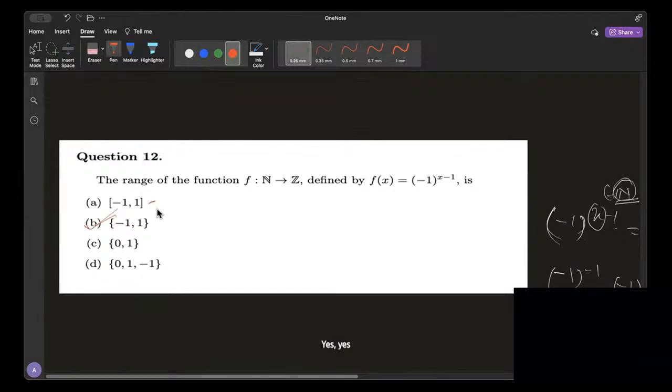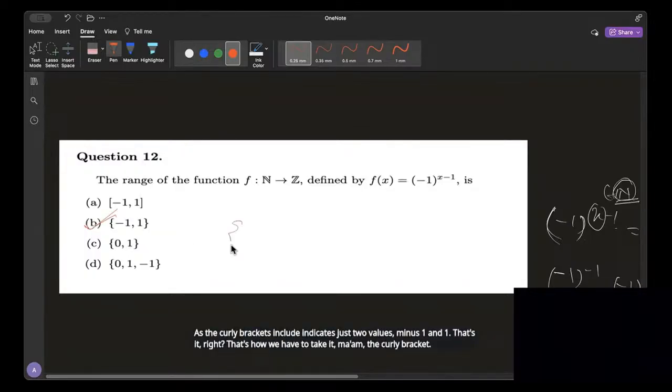Does anyone have a doubt in these two options? The curly brackets indicate just two values, -1 and 1. That's how we have to take it, ma'am. Yeah. The curly bracket is the notation for a set.